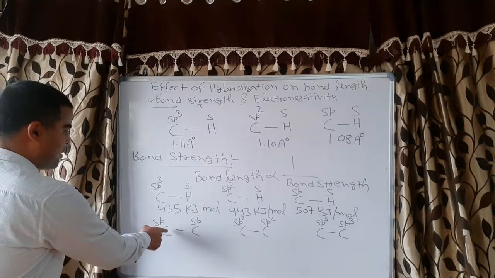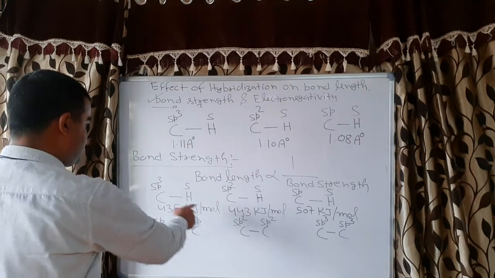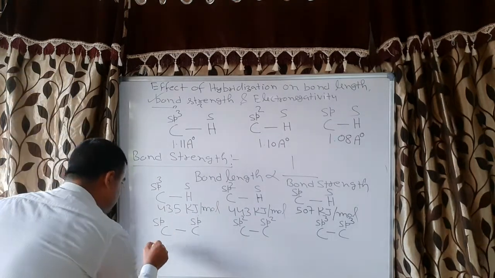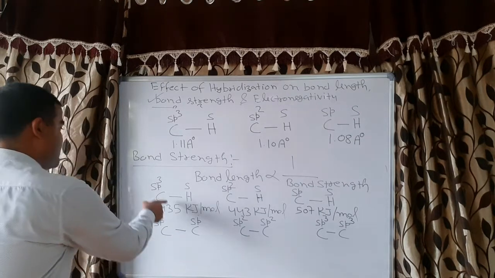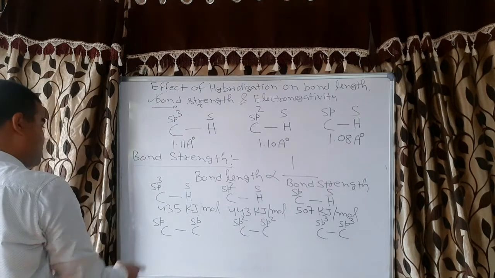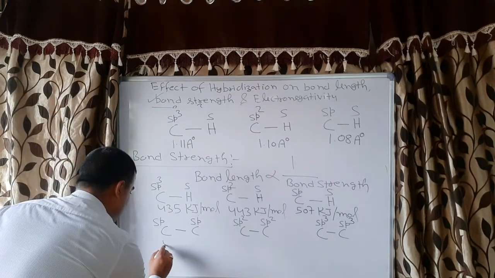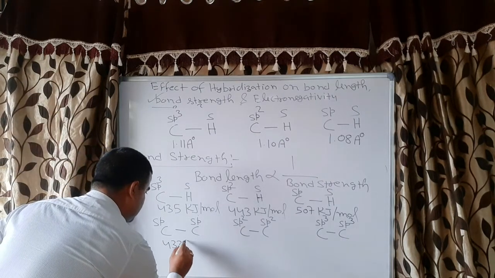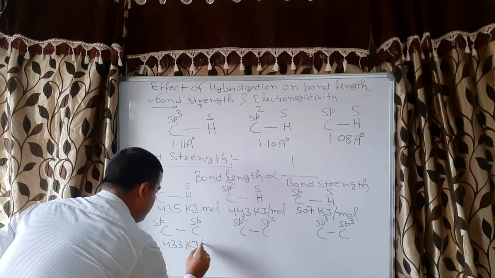So this bond strength will be, this is 435, because this bond length is greater than this, so bond energy or bond strength will be lesser than this. 433 kilojoule per mole.